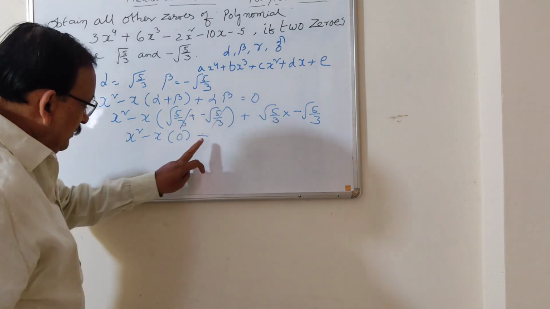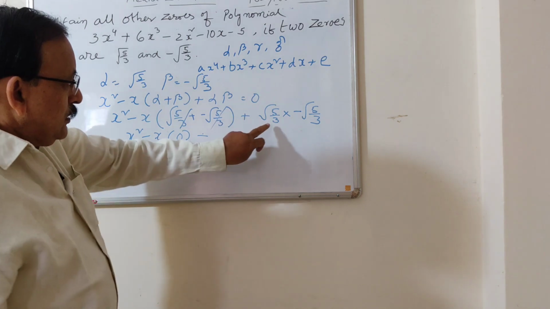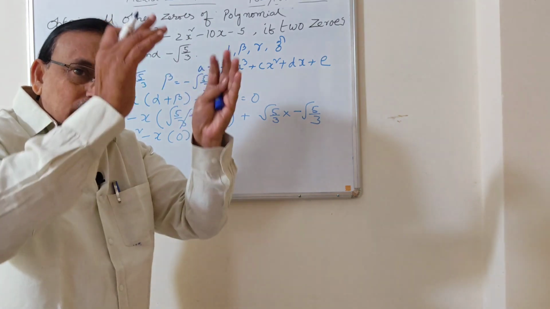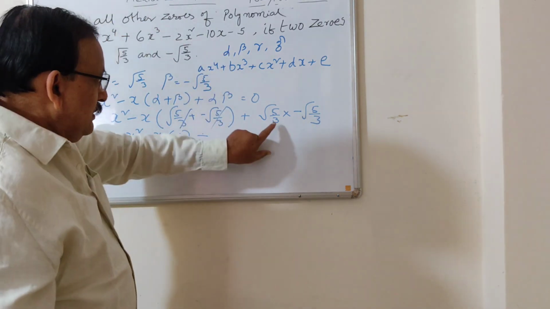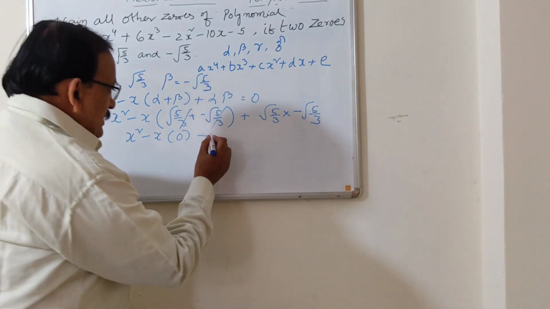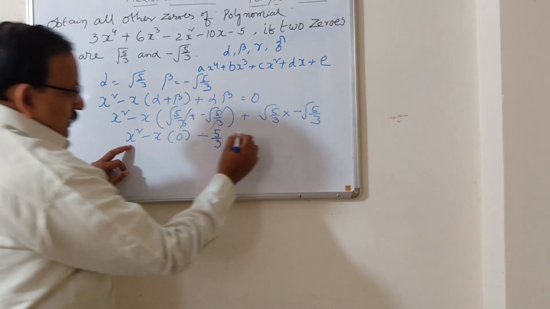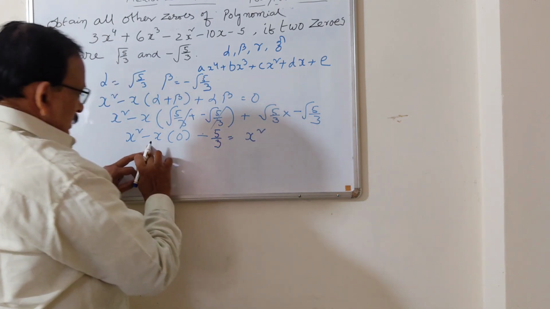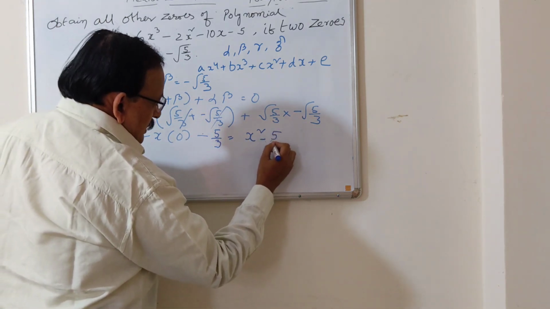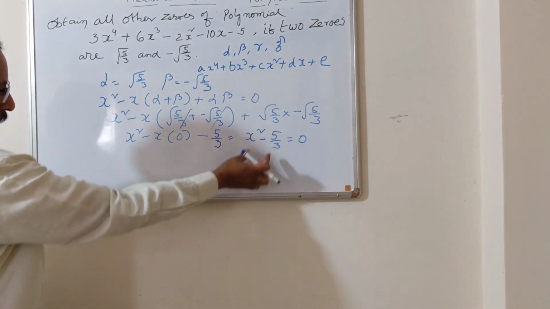See, root 5 by 3 into root 5 by 3 is 5 by 3, because root 5 by 3 whole square, the root and square will cancel, and then 5 by 3, and plus into minus, the symbol is minus, so minus 5 by 3. That is equal to x square. This term cancels because 0 into minus x is 0, and minus 5 by 3 is our quadratic polynomial equal to 0.